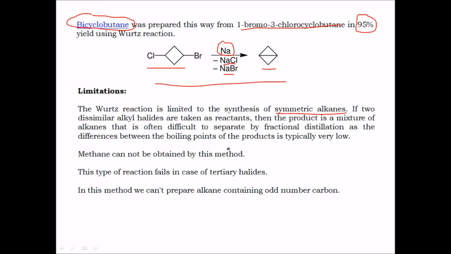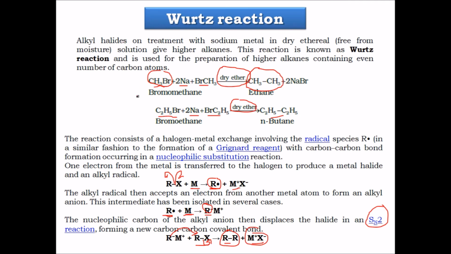We can prepare even unsymmetrical ones also, like alkanes having an odd number of carbon atoms, but the main problem is that to get that we should take two dissimilar alkyl halides as reactants, and if you take them in this way it always results in the formation of a mixture of alkanes, not only one product. And if you get a mixture of products, it will be difficult to separate those actually. That's the reason why.